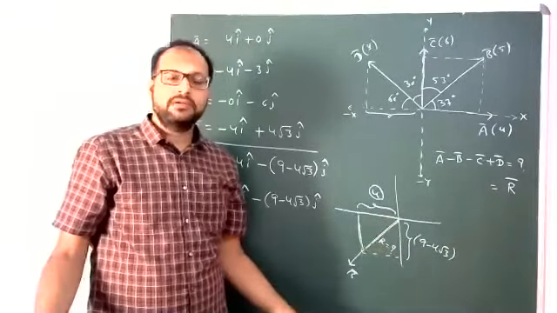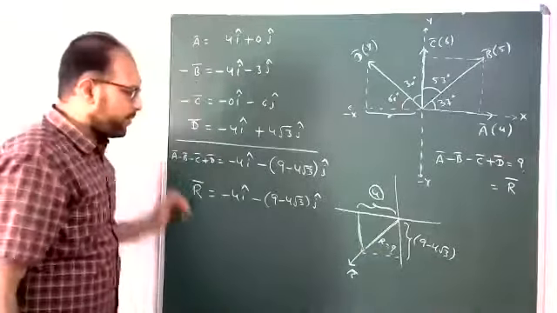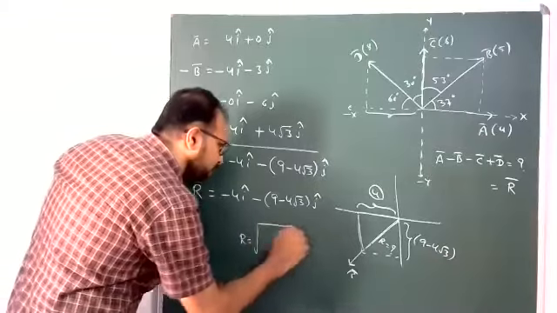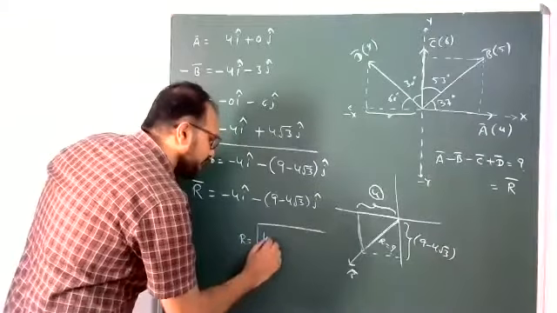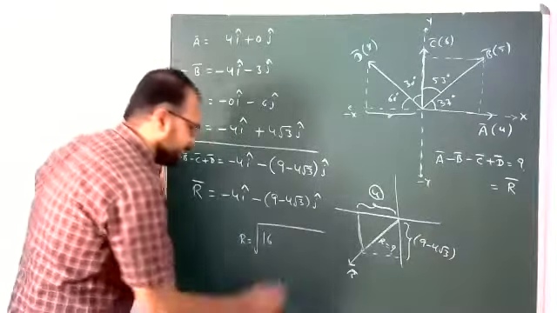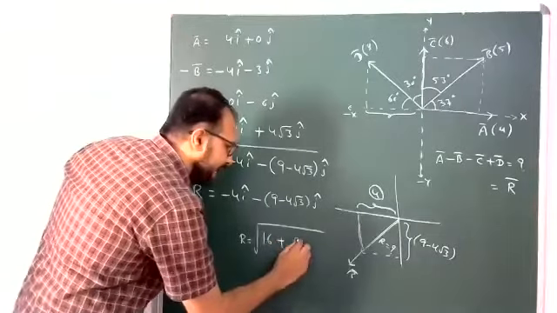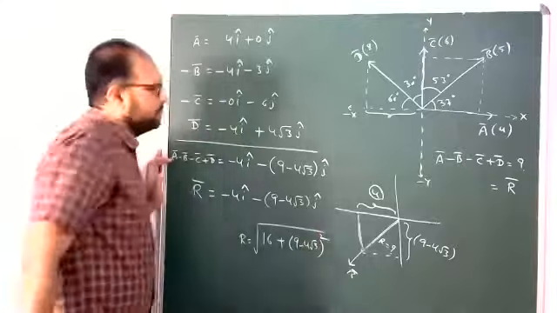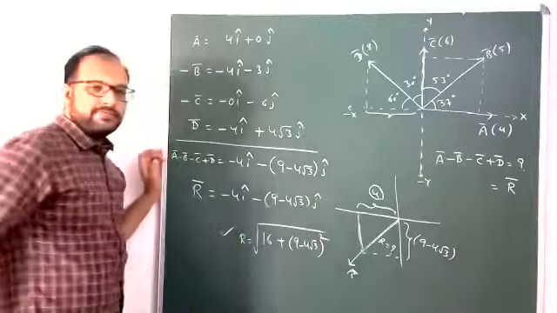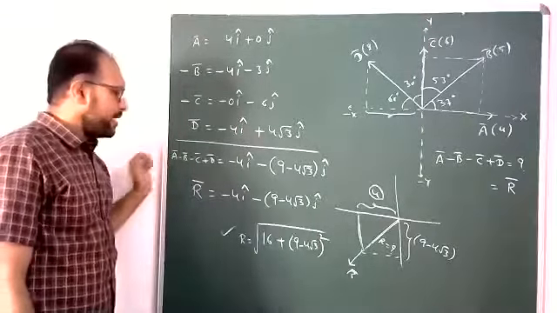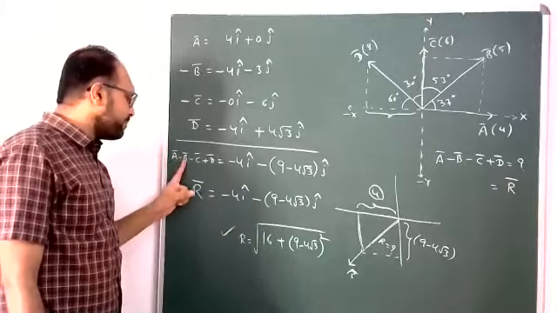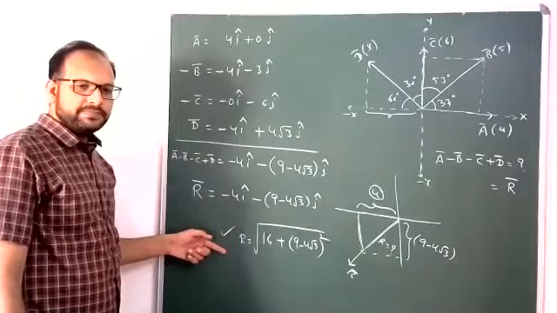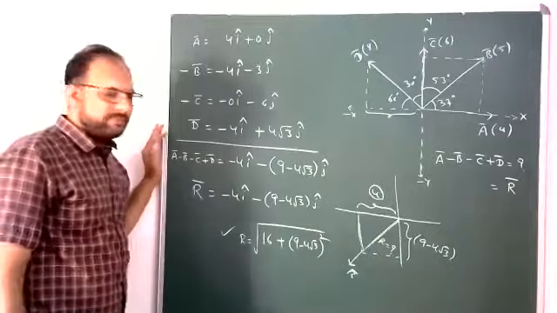We know that R equals the square root of 4 square, that is 16, plus 9 minus 4 root 3 whole square. So this is the final resultant, the magnitude of A bar minus B bar minus C bar plus D bar. Now we need the direction.